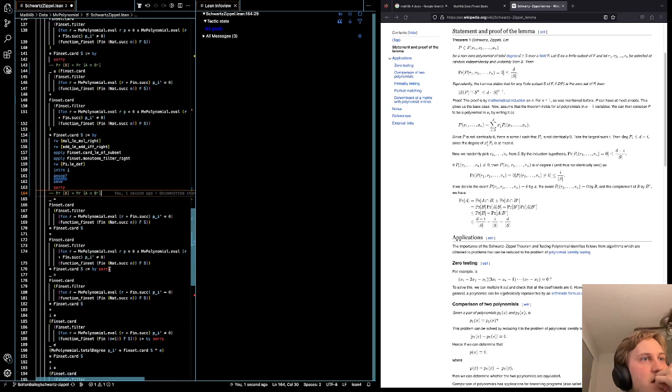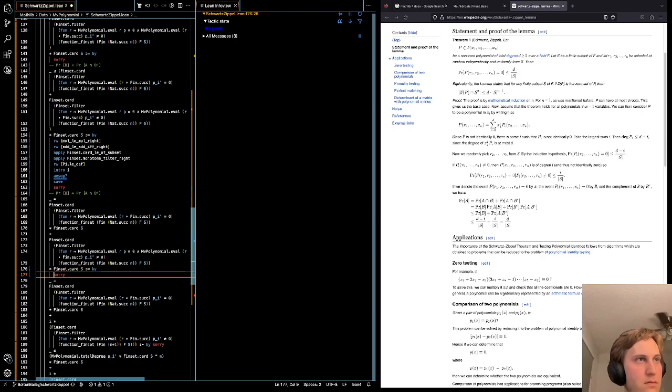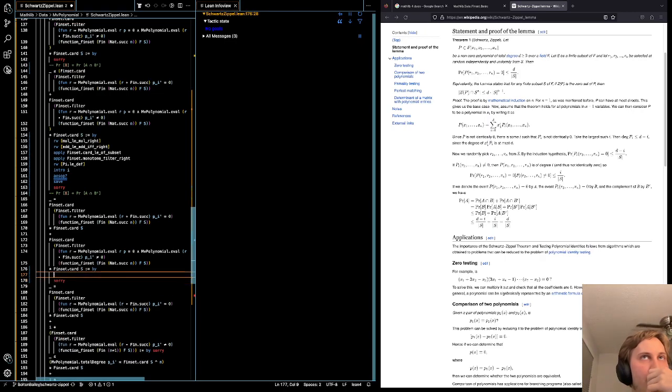Okay, so let's go here and see what the goal state is. I'm a grad student at the University of Illinois. It says there are no goals.